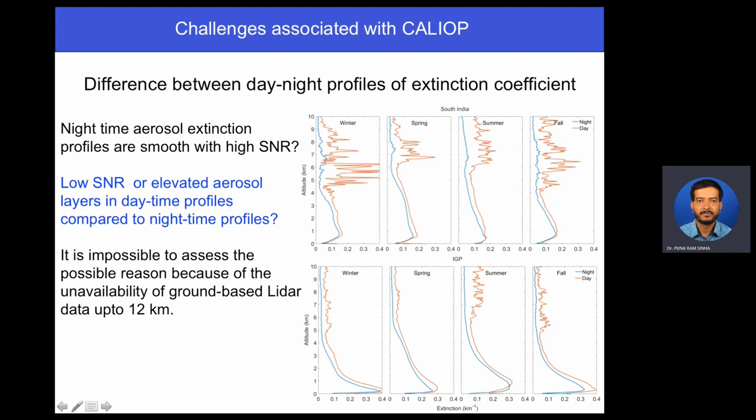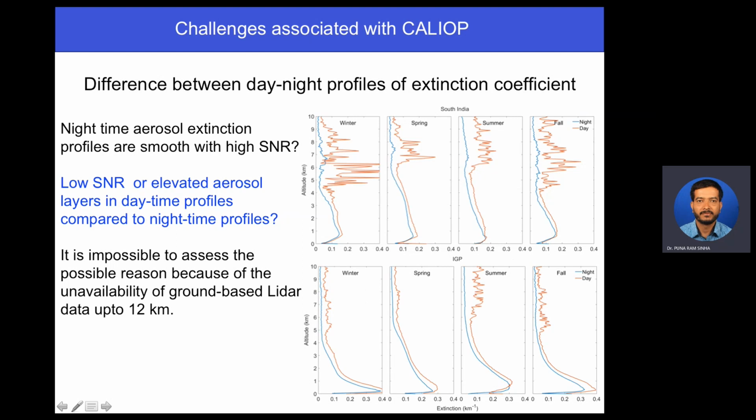So the nighttime extinction coefficient profiles were very smooth because of the high signal to noise ratio, and the low SNR or elevated aerosol layer in the daytime profile compared to nighttime profiles.